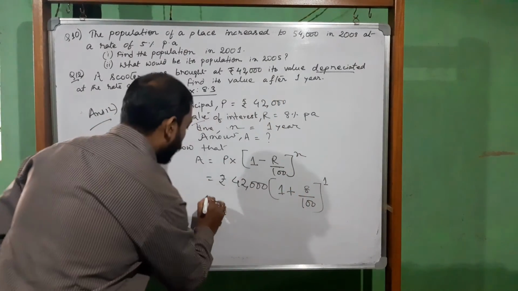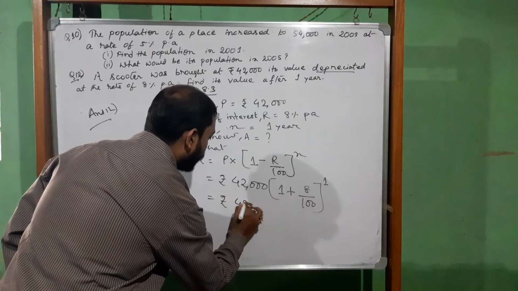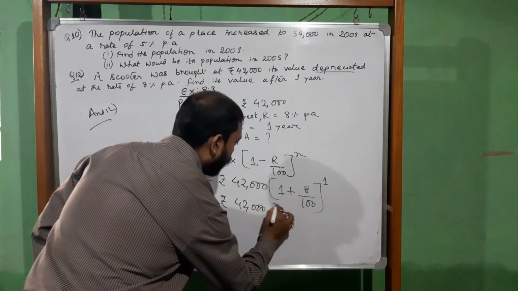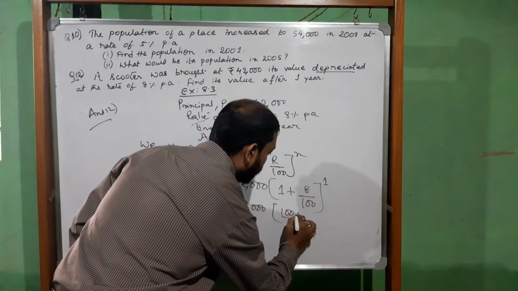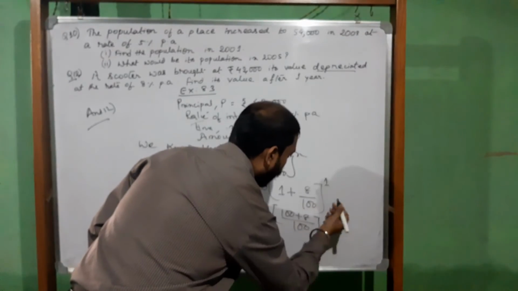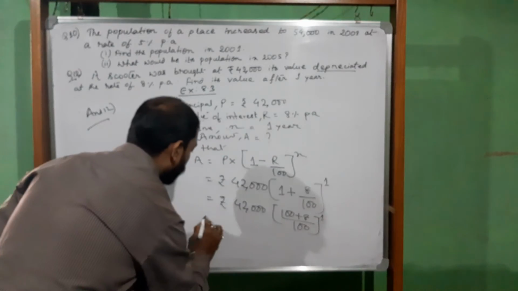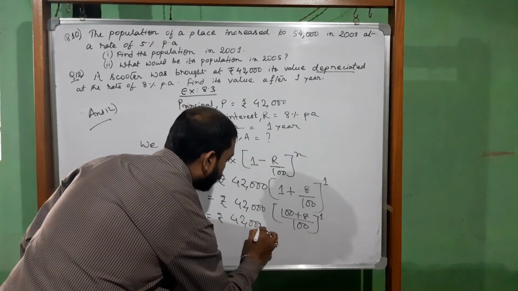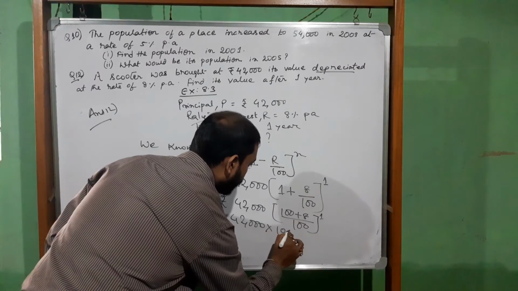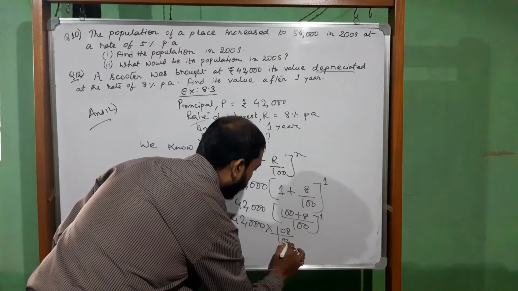So it is rupees 42,000, and we can take the LCM as 100, so it will be 100 plus 8 and 1. Okay, it is given, so it will be rupees 42,000 into 108 divided by 100.